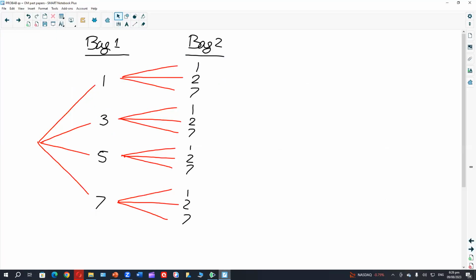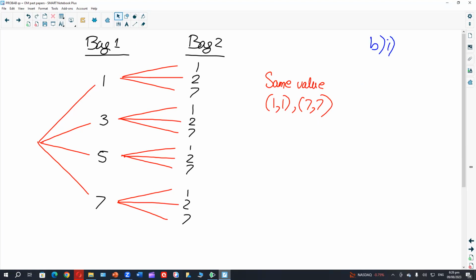Outcomes are 12, that's fine, but make a pair of same numbers. So one pair is 1, 1, and what is the second pair? 7, 7. This is how it works.